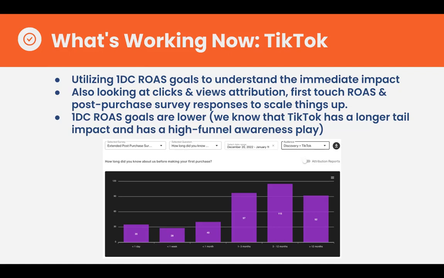The data in platform, or even on third-party software, because of the way users act on TikTok, just doesn't work with attribution at all. And that's okay. That doesn't mean it doesn't work. It just means their mindset is different, and we have to work with that to accommodate how people are using that platform.